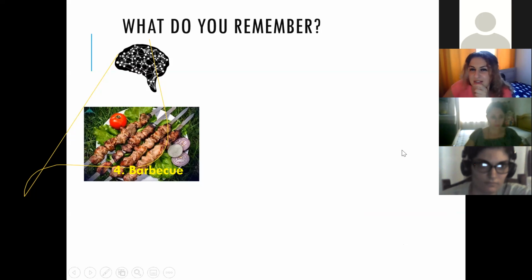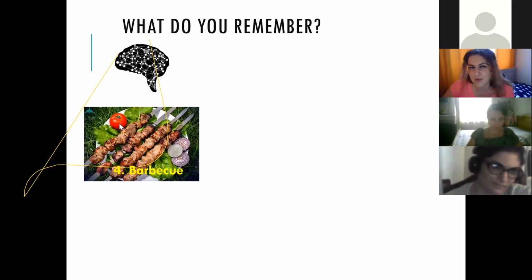Give us a clue, please. Sorry? Give us a clue. Okay, I will give one. So it's barbecue, and there's something special about it. There is one red spot, which is a tomato. I remember someone with some indicator or some sign and so on.